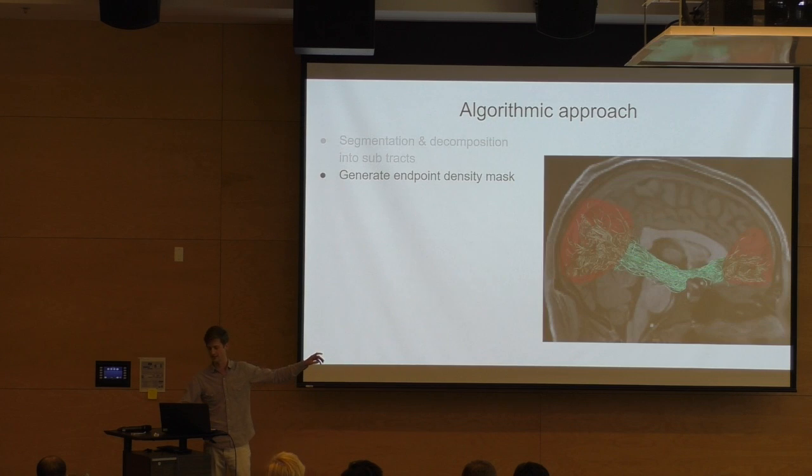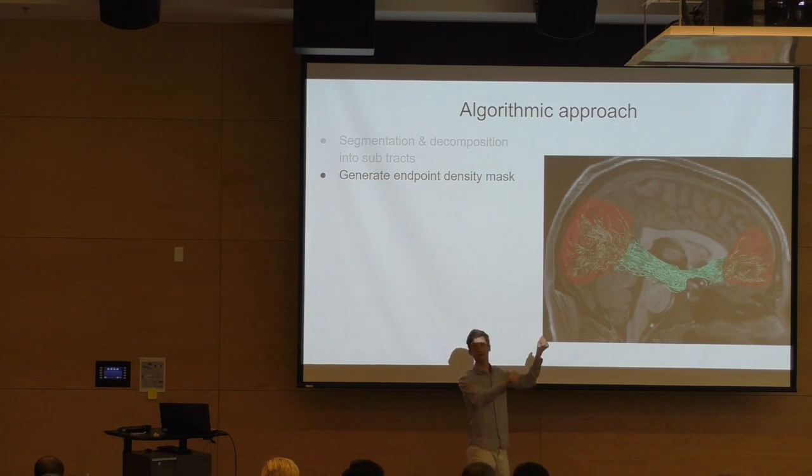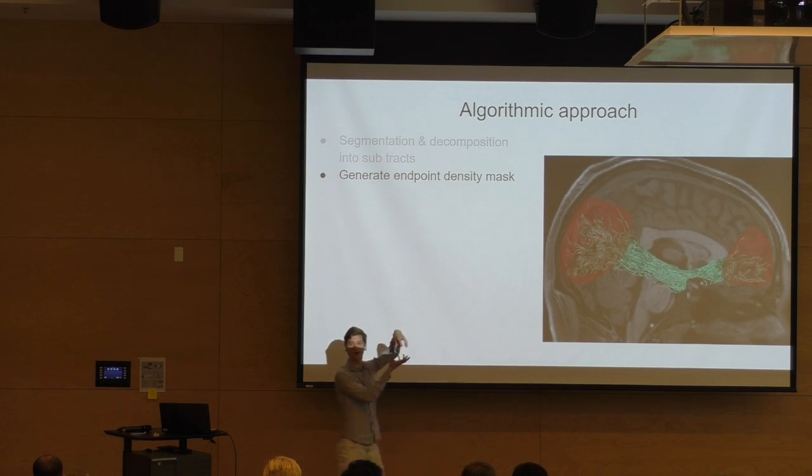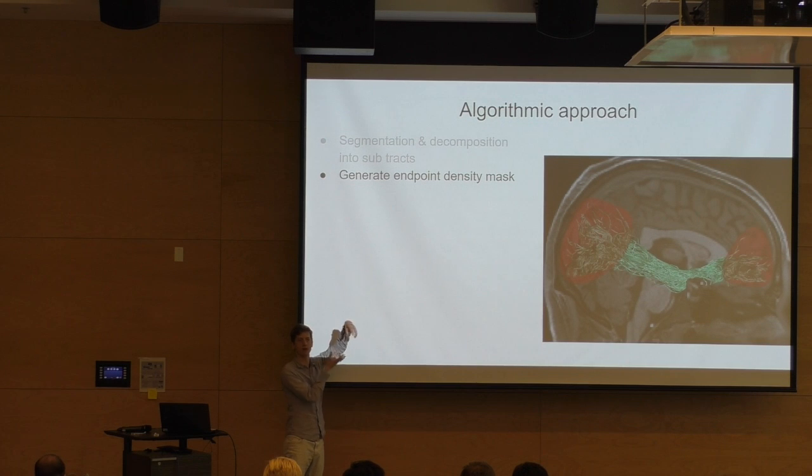All right, so you've got your segmentation done. What you can do next is take each of those streamlines. Again, we're just trying to get a model of what the actual anatomical tract looks like. And you can create a mask of the endpoints of that tract, because presumably those endpoints are in the cortex. So we're getting a sense of where that white matter tract is terminating in the gray matter.